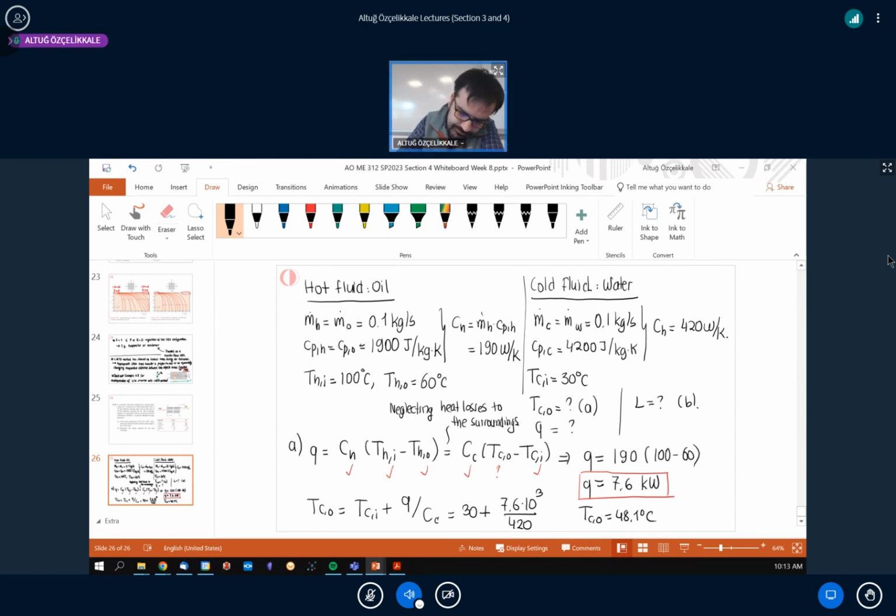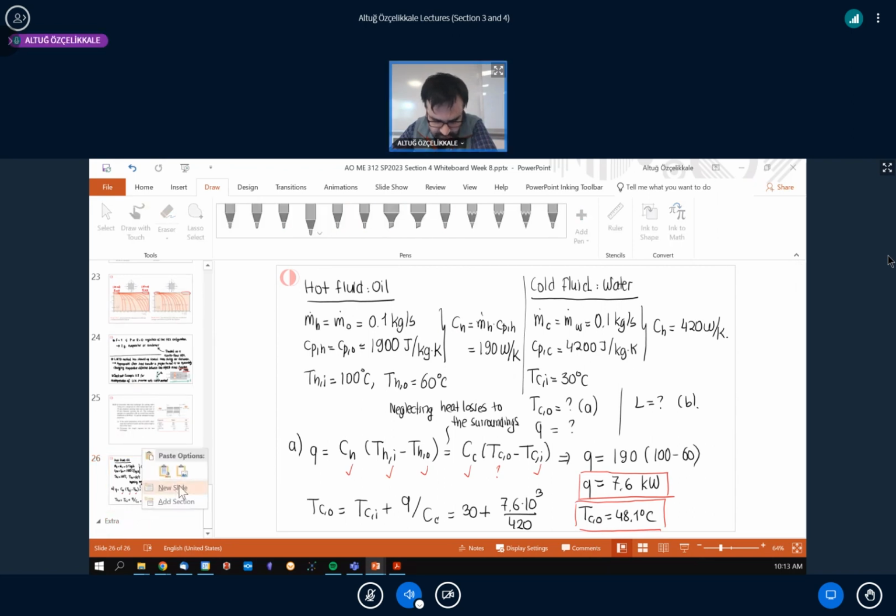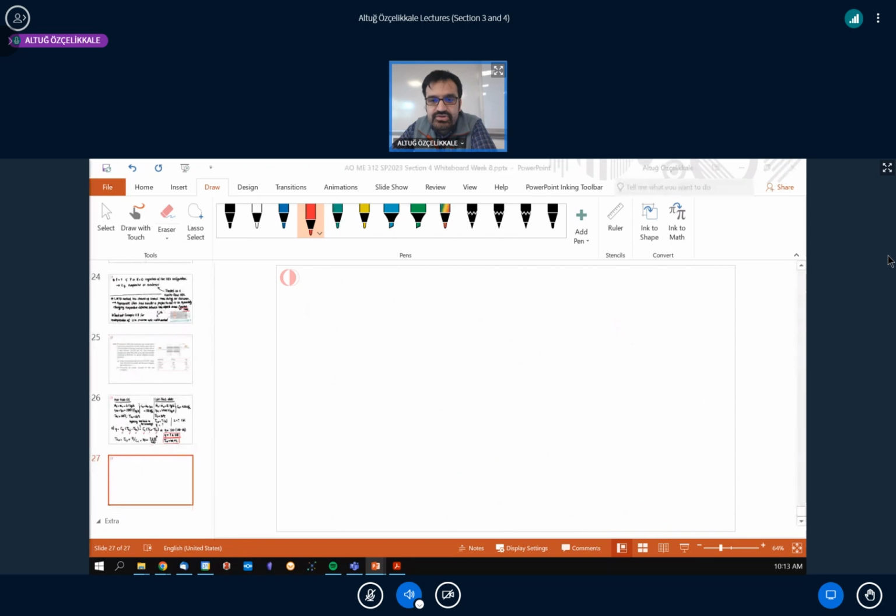Okay. But now, how are we going to relate this heat transfer rate to the size of the heat exchanger or length of the heat exchanger? We need the overall heat transfer coefficient, which is fortunately for us given in the problem statement.